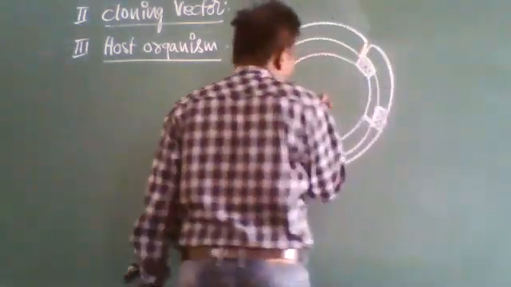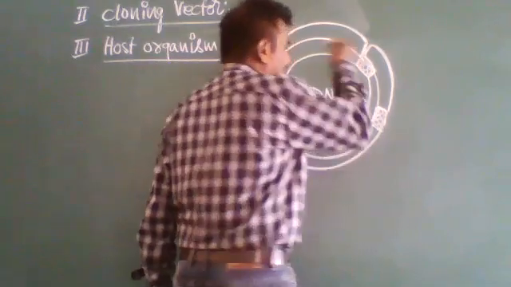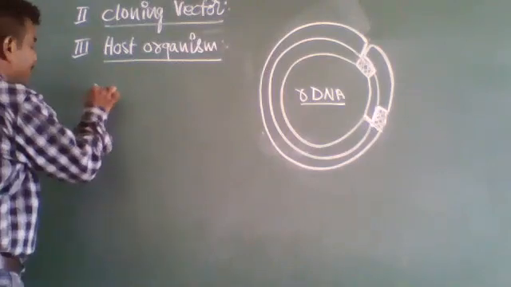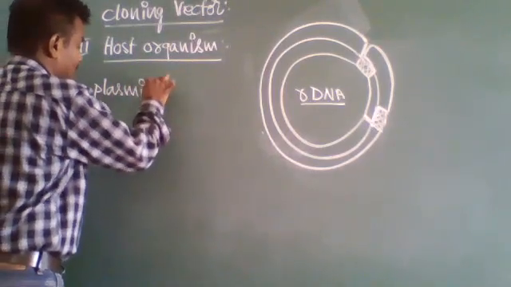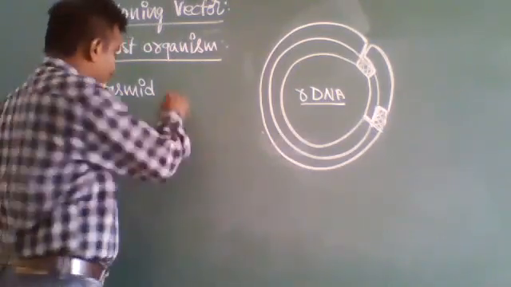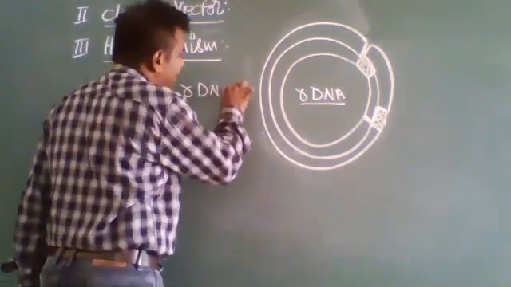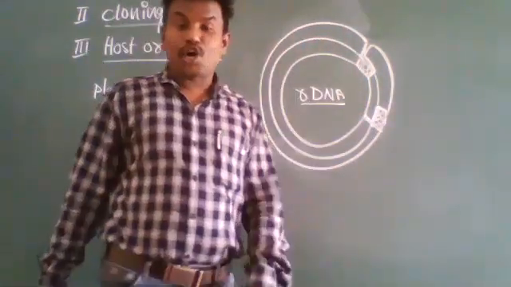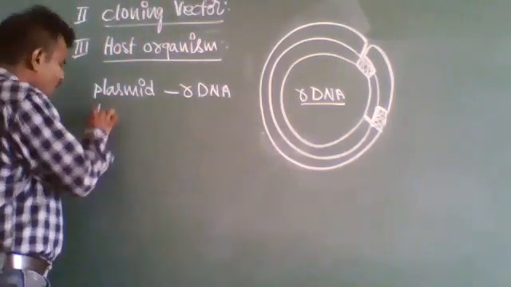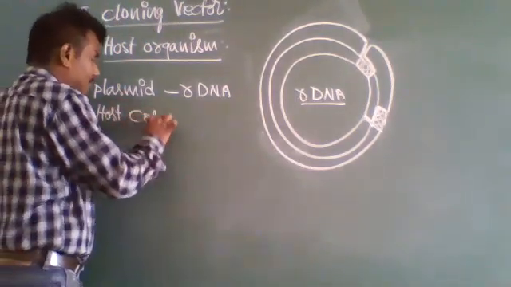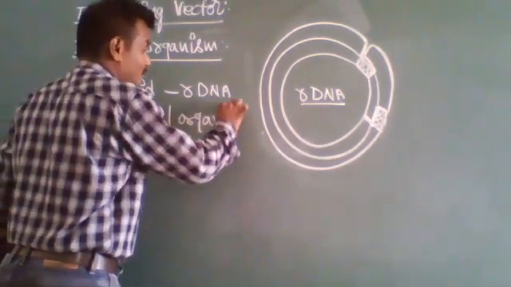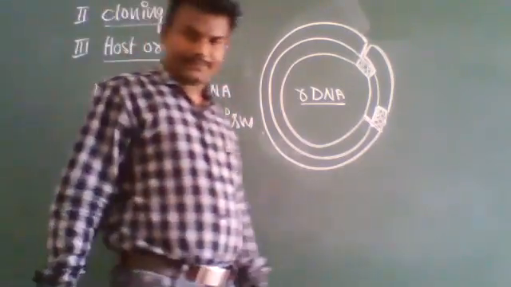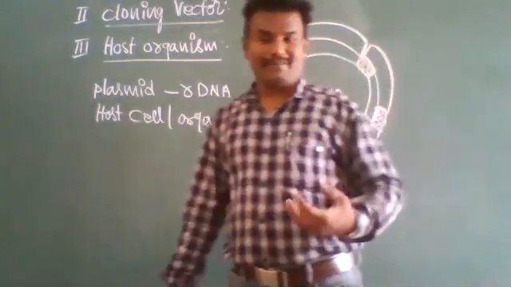For recombinant DNA technology, soon after identifying the plasmid and the formation of recombinant DNA, the major step is to transfer this recombinant DNA into the host cell or organism. This is the basic step. Host organism. Yesterday I said that.